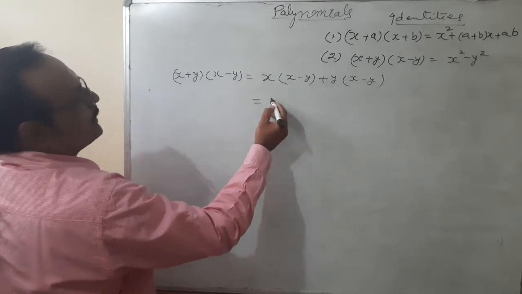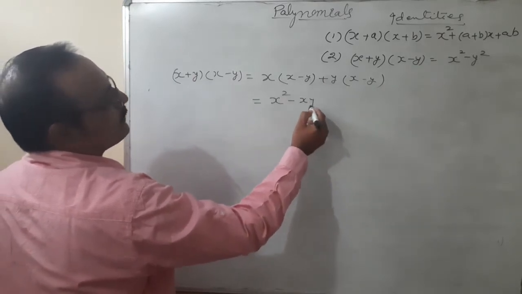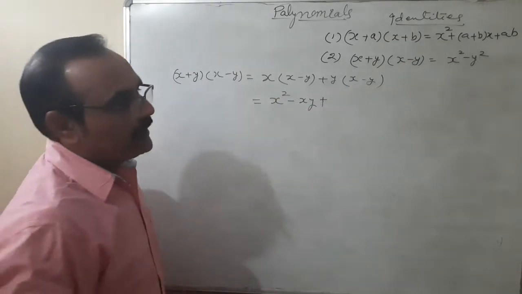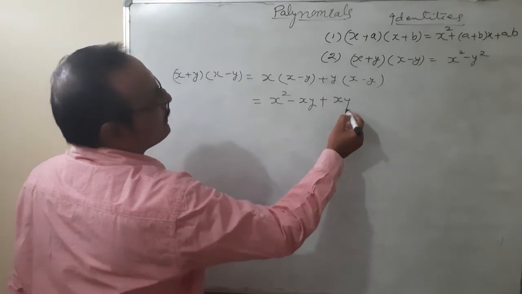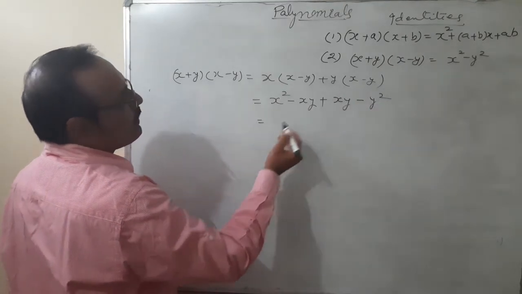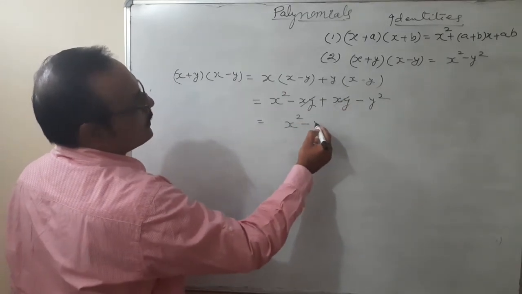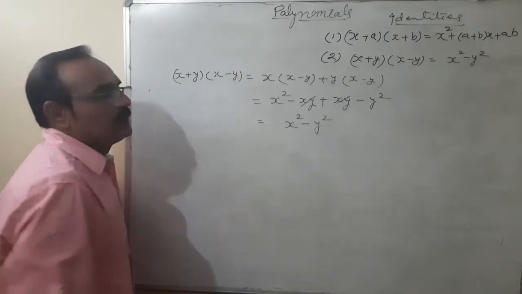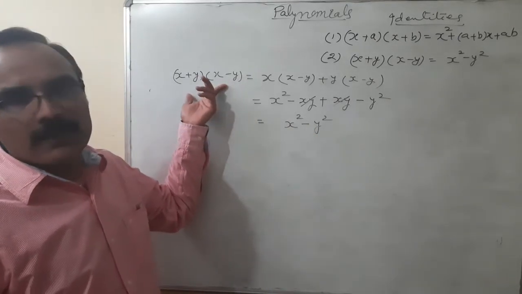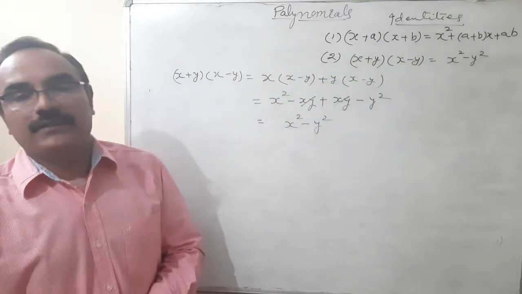So what will it be? x square minus xy plus x multiplied by y, again it is xy minus y square. Minus xy plus xy is cancelled. x square minus y square. So that is the direct result, x square minus y square, when we multiply these two brackets. So that is considered as the second identity.